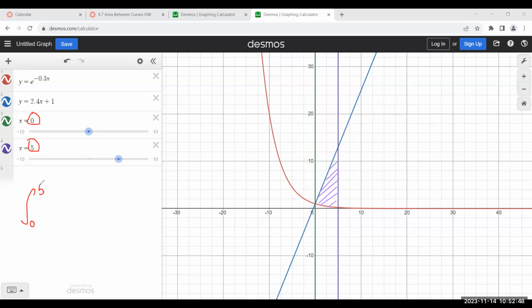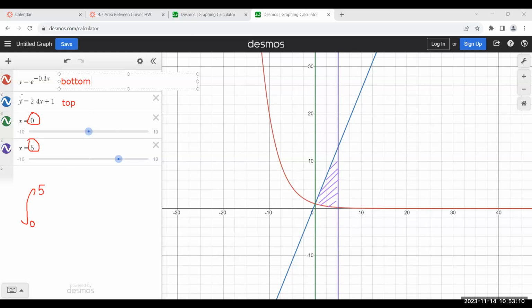And then I want to say, okay, what function is on top? The line is on top, right? The y equals 2.4x plus 1. So it looks like this is my top curve. And then e to the negative 0.3x, that one's on the bottom. That's the red curve you see on the bottom.